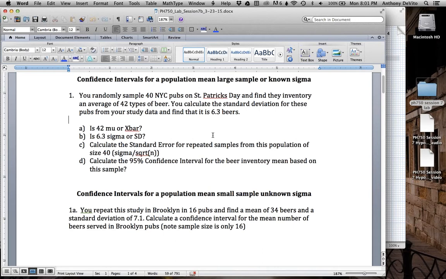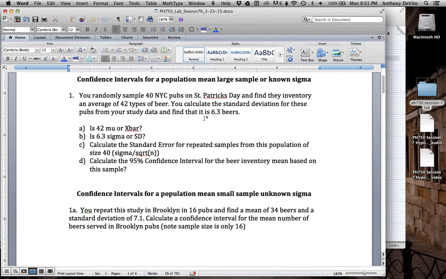You randomly sample 40 New York City pubs on St. Patrick's Day and find that they average an inventory of 42 types of beer. You want to know how many beers the average pub would inventory. You calculate the standard deviation for these pubs from your study data.